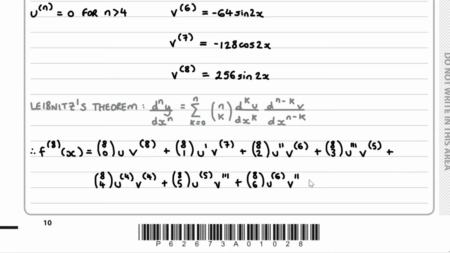And then we have 8 choose 7 times the 7th derivative of u times the first derivative of v. And finally, we've got 8 choose 8 times the 8th derivative of u times v.